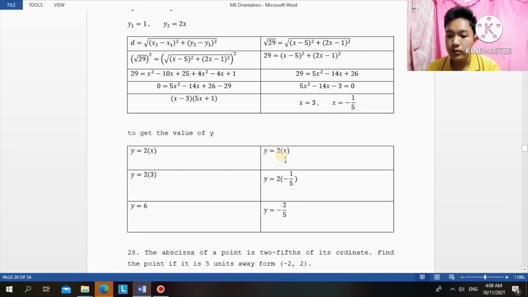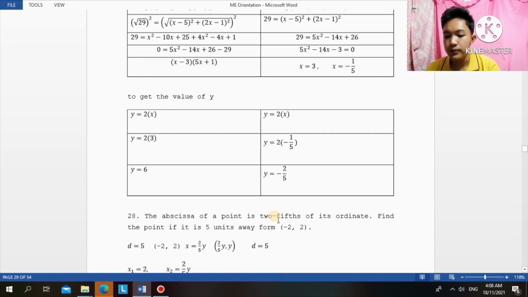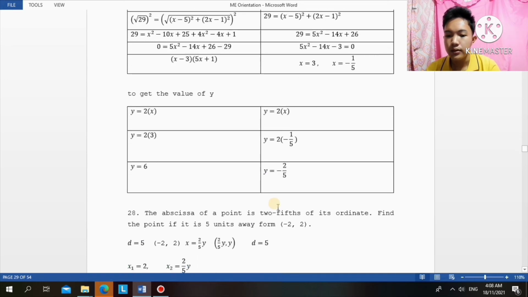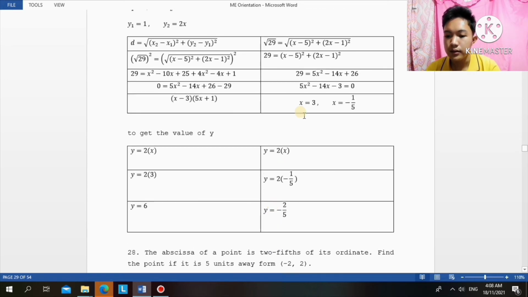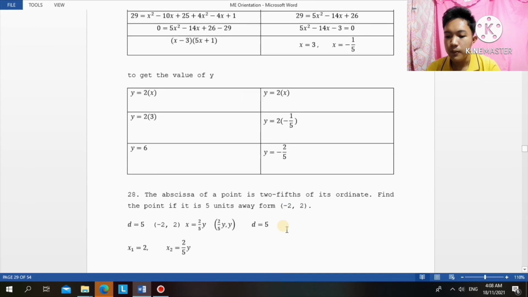So y is equal to 2x, then y is equal to 2 times negative 1 over 5, which will become y is equal to negative 2 fifths. So our answer is either (3, 6) or (negative 1 over 5, negative 2 fifths).